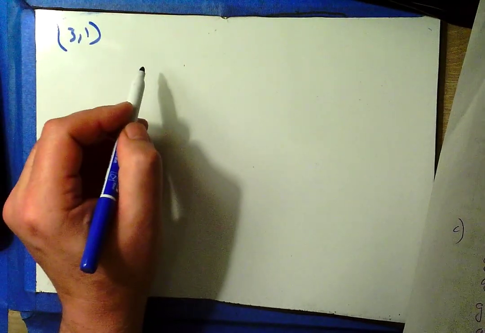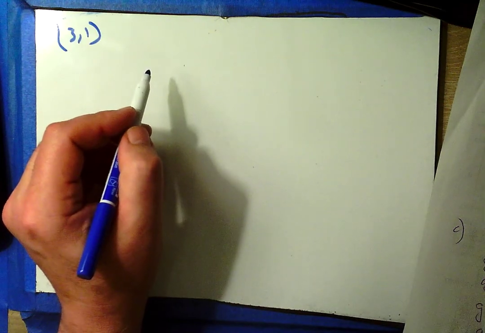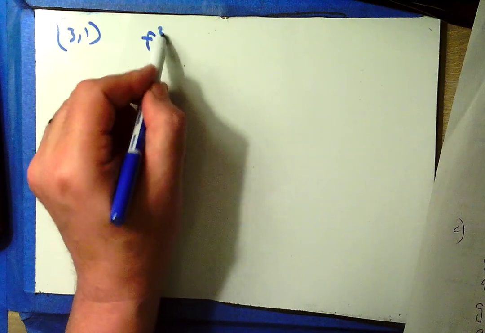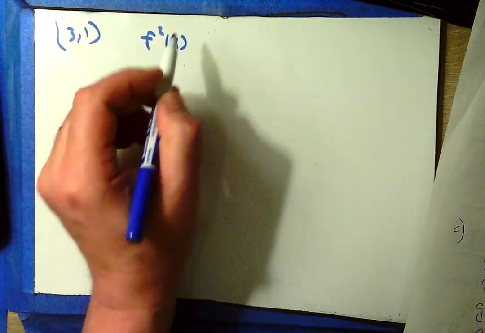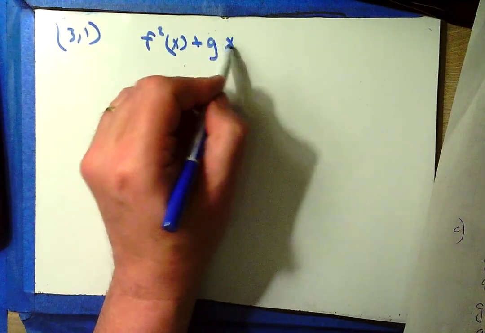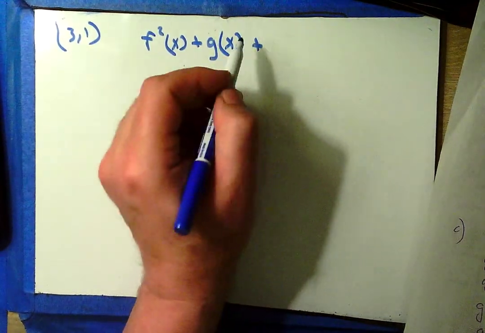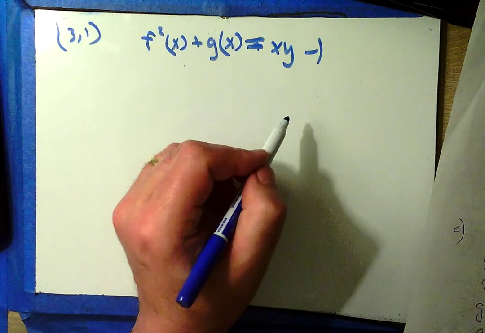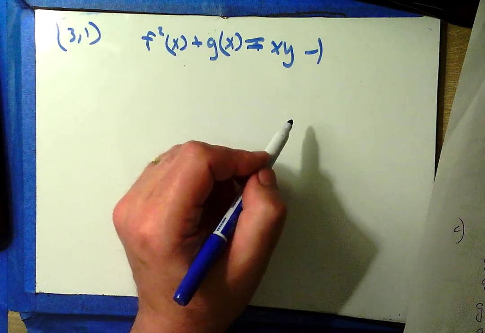Okay, finally we have D, and D says the point 3, 1 lies on the curve in the xy plane given the equation f squared x plus g of x equals xy minus 1. What's the value of the derivative at that point?